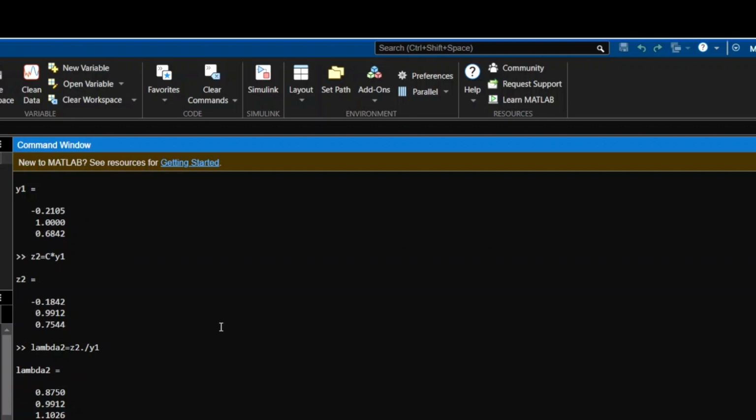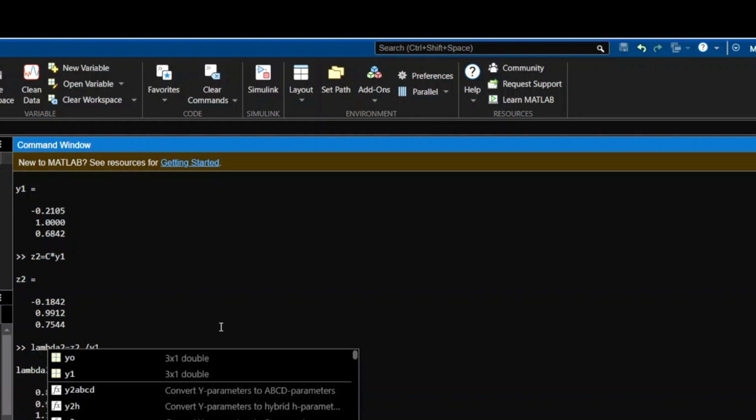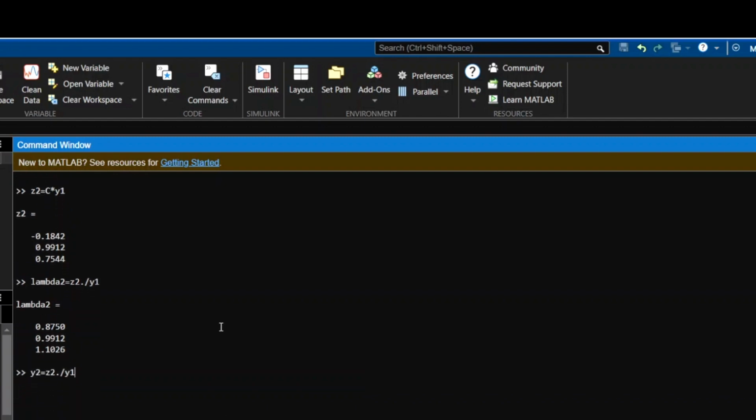So I find y2. y2 will be z2 divided by the maximum of the absolute value of z2, right?